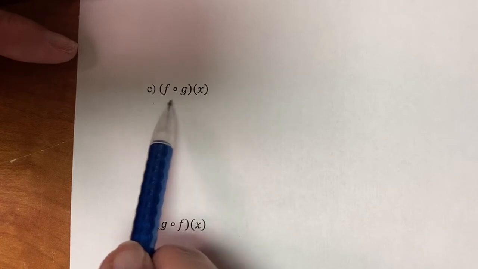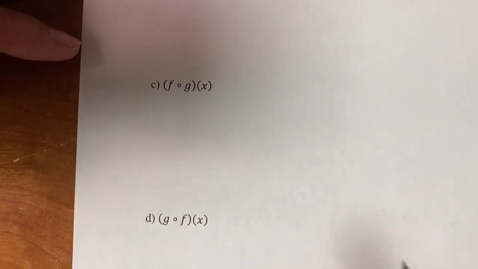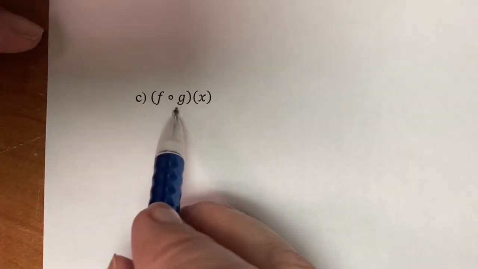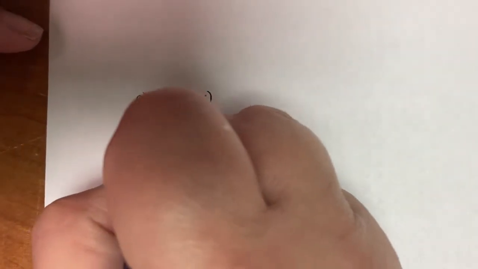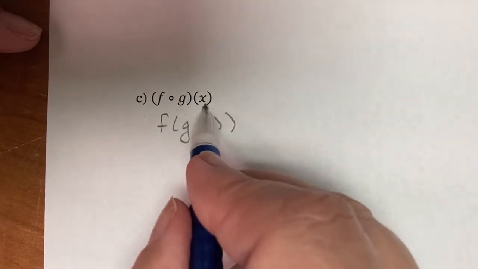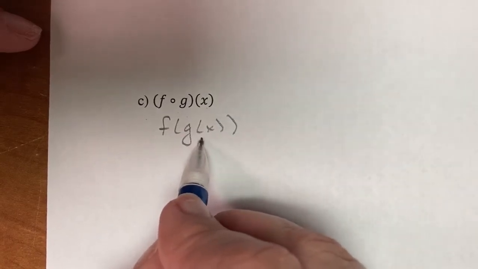So I'm actually going to do these examples out of order. I'm going to do C and D first, because those are the ones I really just talked about. So again, this means exactly the same as this. If you don't like this, write it this way.